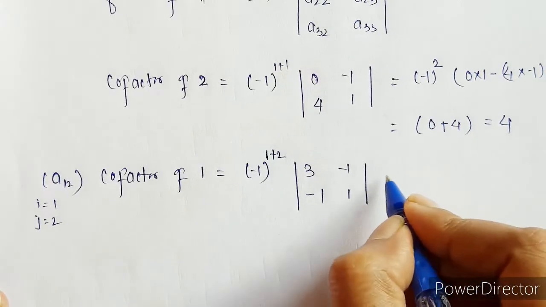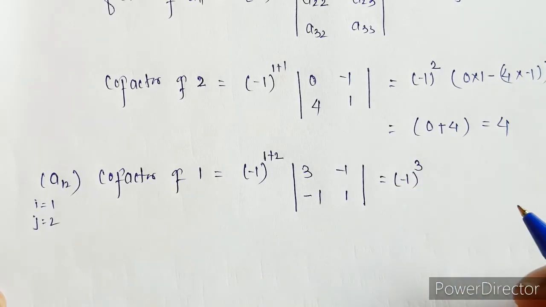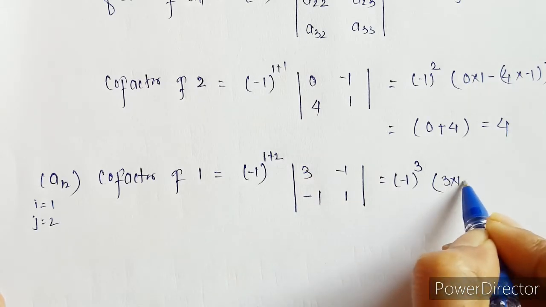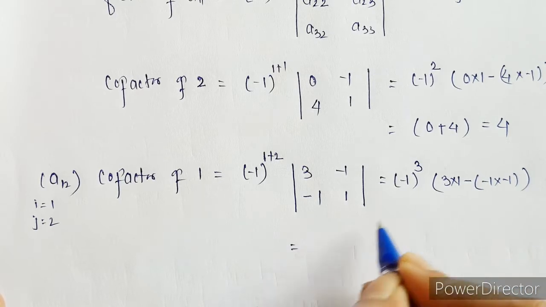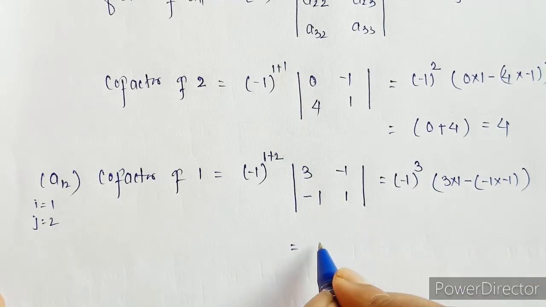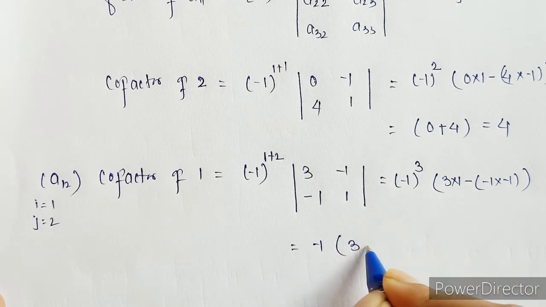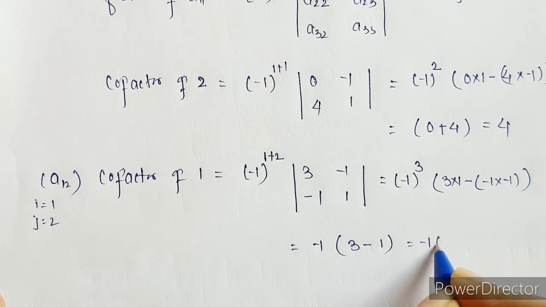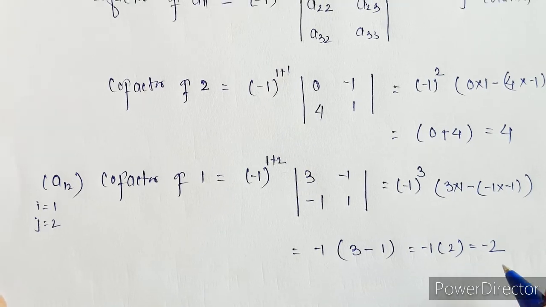Again, this will be minus 1 raised to power 3 and then the determinant of this: 3 into 1 minus 1 into minus 1. So it will be minus 1 times 3 plus 1, which is minus 1 into 2, equal to minus 2. So the cofactor of 1 in this case is minus 2.